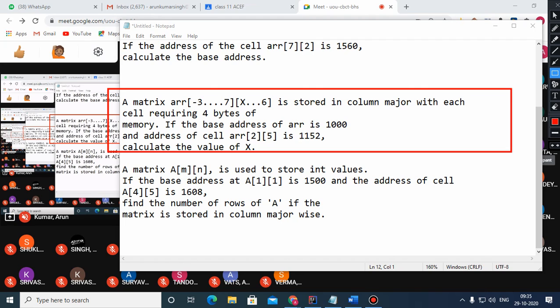Children, here we will be getting two equations. One by considering the base address and another by... no, we are not getting two equations. Simply we can put the base address and we can calculate the value of x. So children, here x is LC. So just solve this.